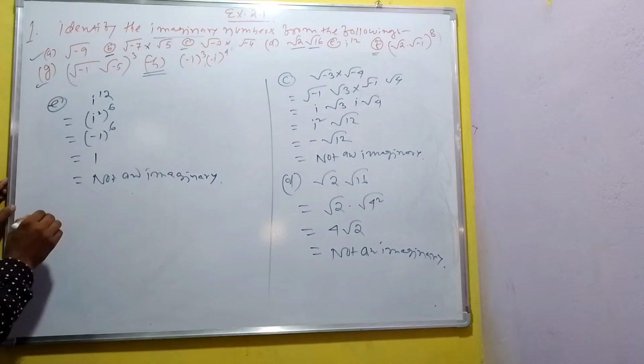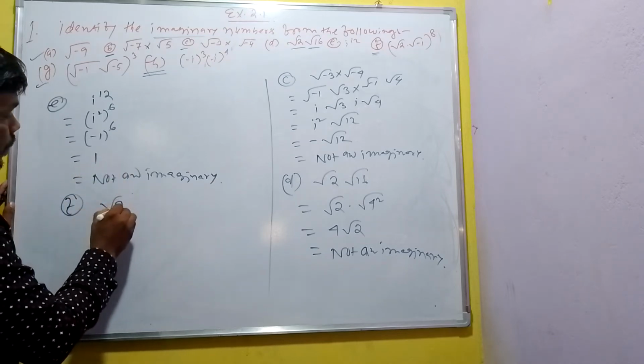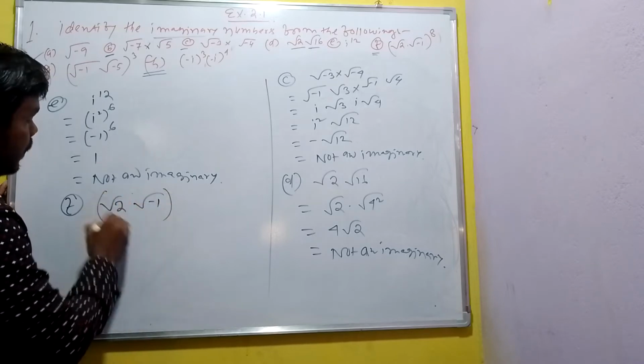Now number F, so under root 2 under root minus 1 whole to the power 8.